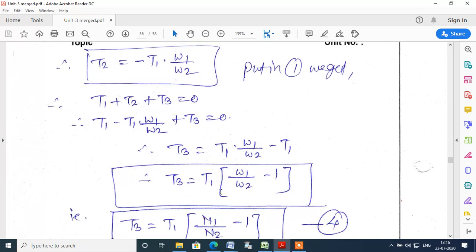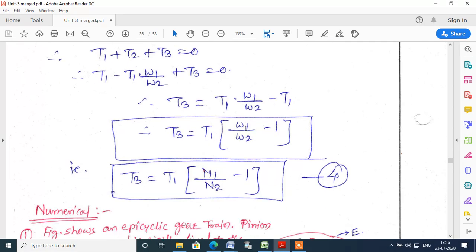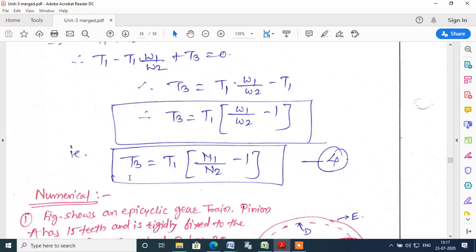If you take common, T3 is equal to T1 into (omega 1 by omega 2 minus 1). So this is the required expression of holding torque. And it can be written as T3 equal to T1 into (N1 by N2 minus 1). Okay, so this is a very important equation as far as torques are concerned. T3 is the holding torque. Holding torque can be calculated by this equation theoretically.